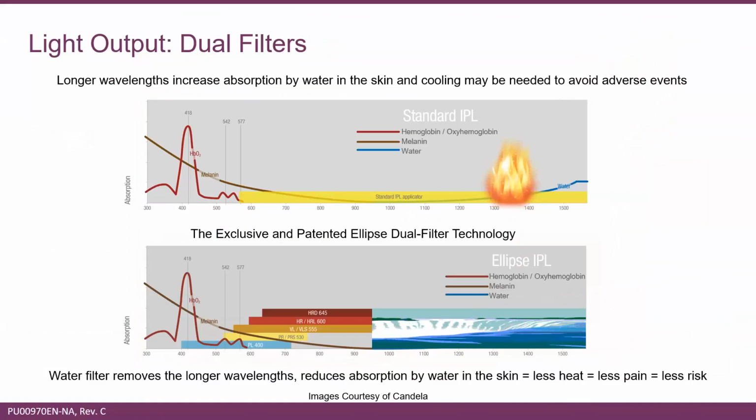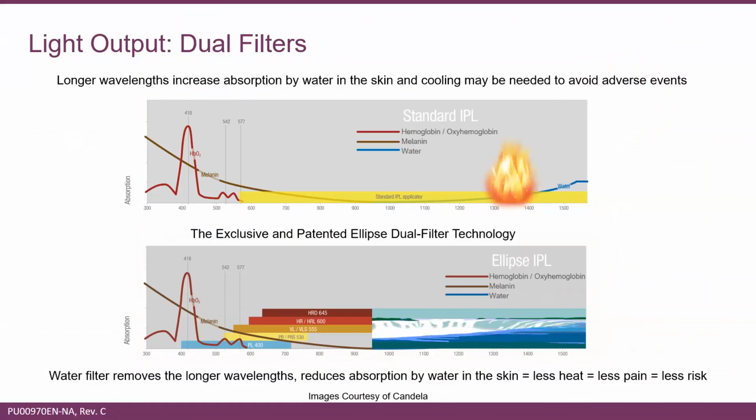The main handpieces for treating pigmented lesions are the IPL handpieces within the Nautilus. They differ from the majority of other IPL handpieces on the market in that we have a dual filtering system on these handpieces.